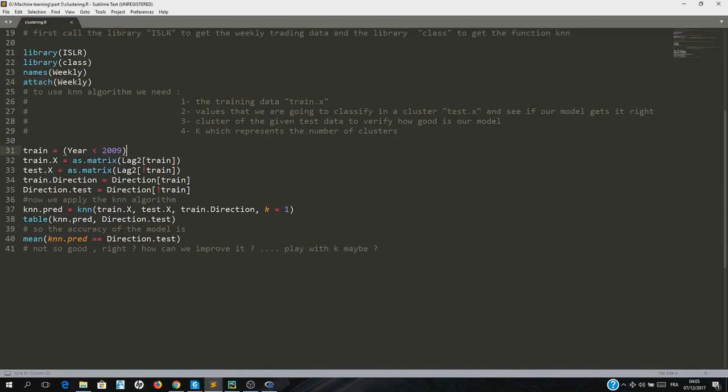So what do we need to give to the KNN algorithm? We need to give it the training data, the x's, and the values that we are going to classify in clusters. That means the test data. Using the test data, we're gonna see how many times our model gets it right and how many times it gets it wrong, so we can improve it if it's not good enough.